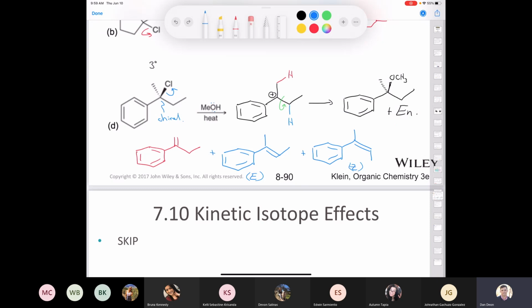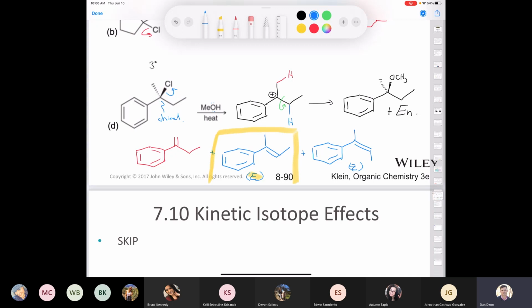Okay. Could anybody tell me which one of the alkenes would probably be the major one? It's not a trick. What would you answer? You're right that it's one of the blue ones. Yeah, absolutely. It would be the E one, right? It would be the blue one, correct? You're 100% correct when you said blue. And it's the one that's the E isomer.